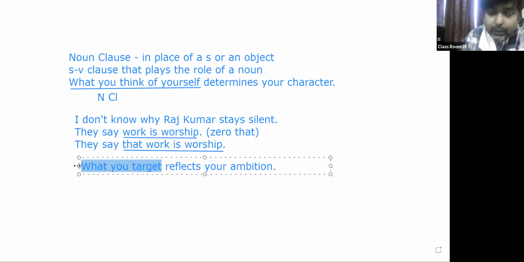Now अगर आप पूछोगे सर क्या ये noun phrase है, जी नहीं, because here there is a finite verb which is figuring in a clause. That only difference is the presence of finite verb. In a phrase, you won't find the presence of a finite verb conjoined with a subject. तो ये डिफरेंस है.